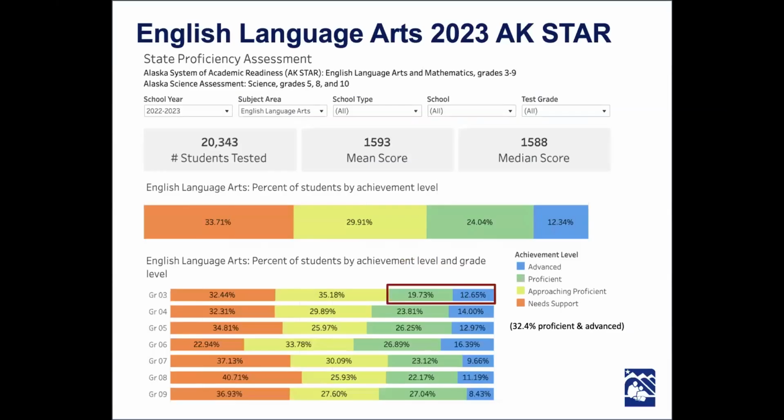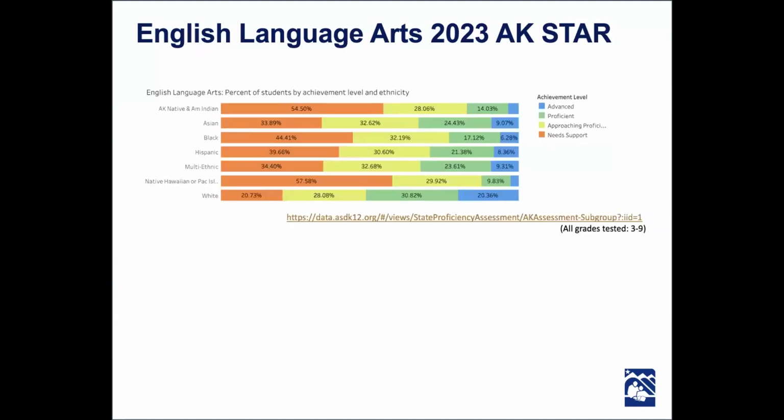So we're going to take a look at AK Star. This is 2023 third grade reading. You'll notice that our proficiency rate is 32.4% proficient and advanced, and you can see the other grade levels there. And then here are the subgroups.